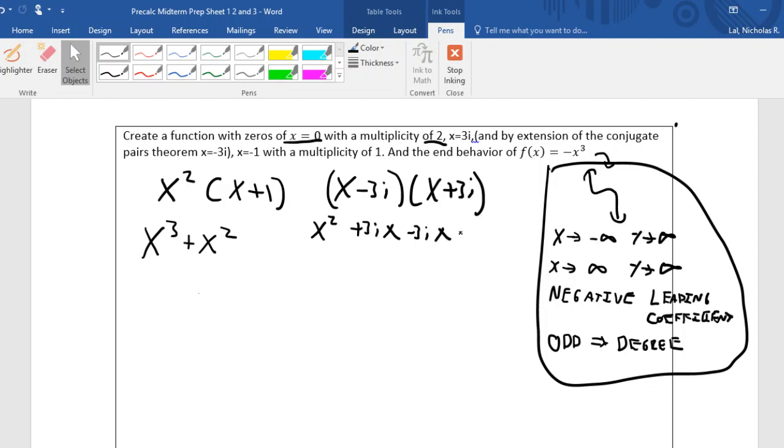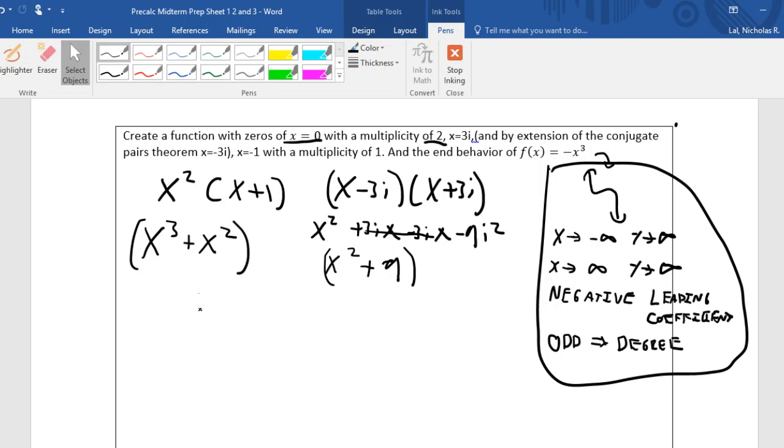Negative 3 times positive 3, that's minus 9. i times i is i squared. i squared is negative 1, so negative 9 times negative 1 is positive 9. 3ix and negative 3ix cancel out. So we have x squared plus 9. So we have x squared plus 9 times x cubed plus x squared.